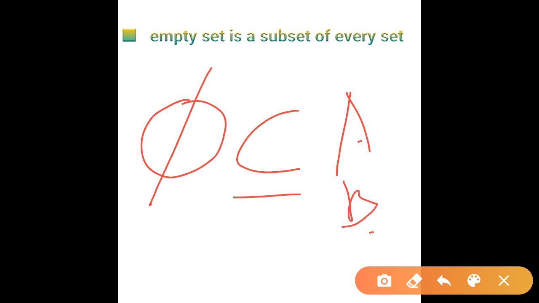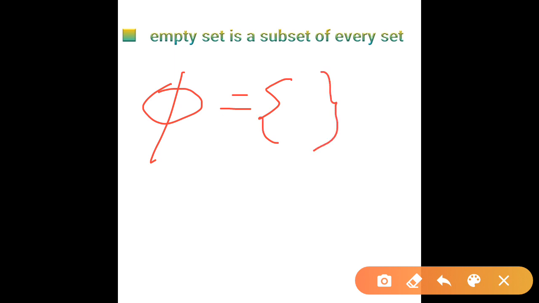So phi is a subset of every set, whatever A or B or C or X. Empty set means it doesn't contain any elements, so simply say it is empty. And empty set is a subset of every set, right?